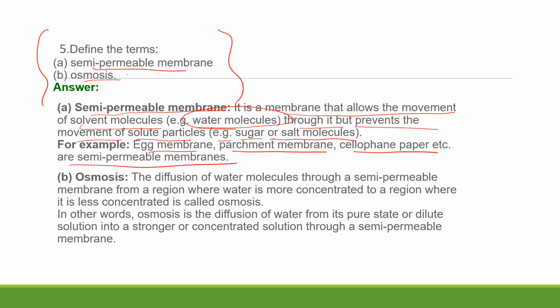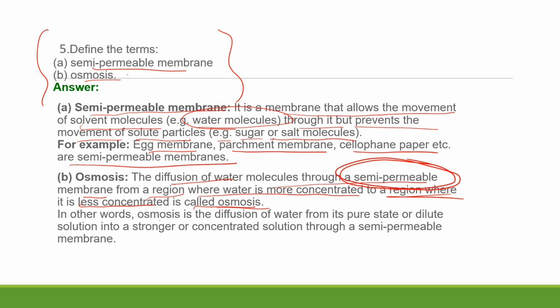Okay. Now next comes osmosis. What is osmosis? The diffusion of water molecules through a semi-permeable membrane from a region where the water is more concentrated. That is, the movement of water from a region of higher concentration to the region where the concentration is less is called osmosis, and it should happen through a semi-permeable membrane.